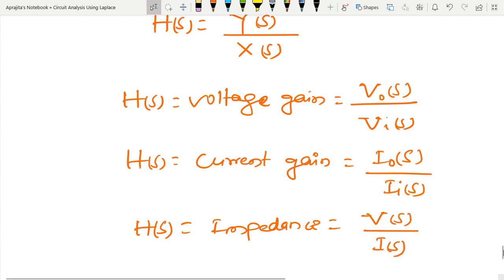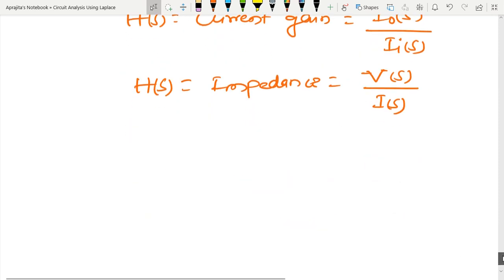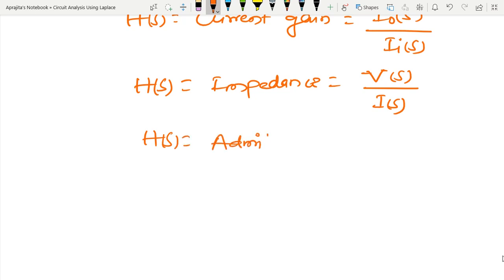And similarly I can define the admittance, the inverse of this, that is I(s) by V(s). In this way we use the transfer function to denote voltage gain, current gain, impedance or admittance.